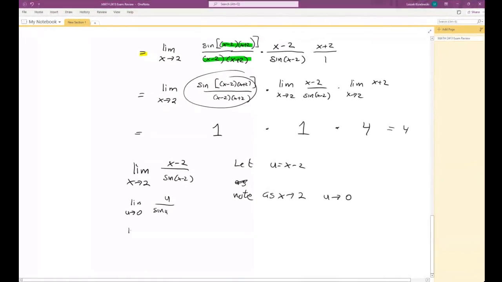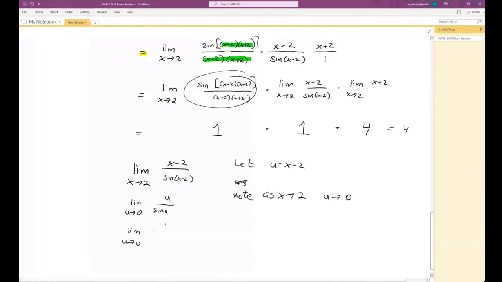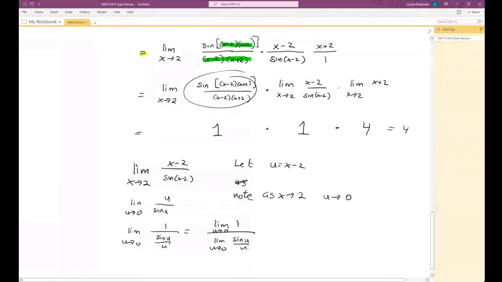And to get it in the form that is boxed in your textbook, sine of u over u, we just rewrite that fraction as the reciprocal of its reciprocal. Use limit rules, so you get 1 over 1. You might want to ask your professors how formal you have to be.